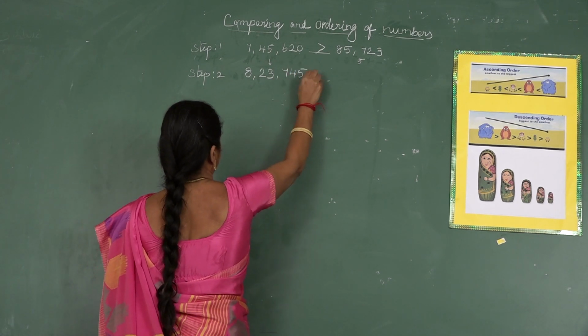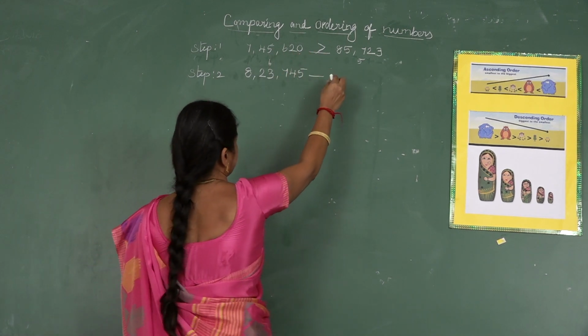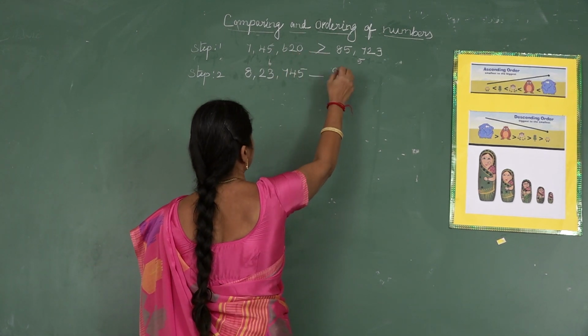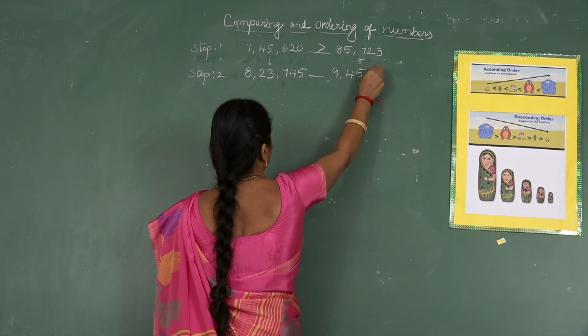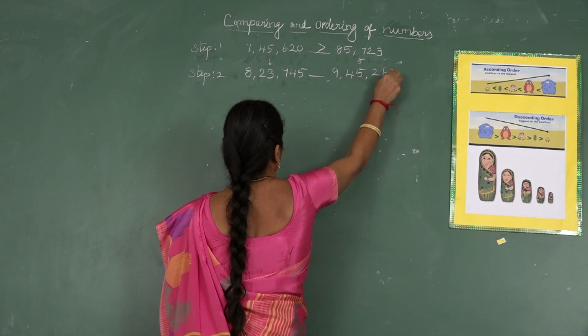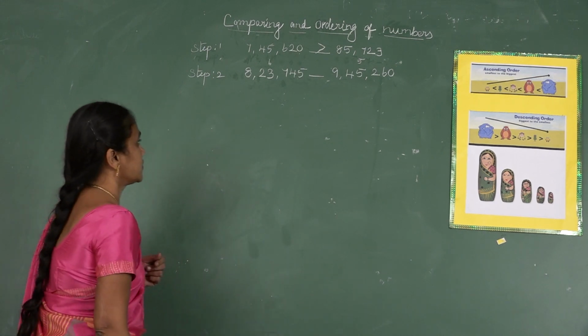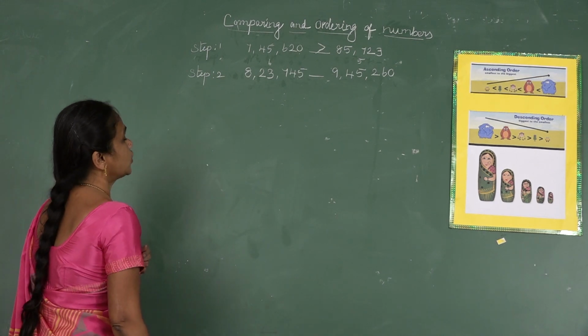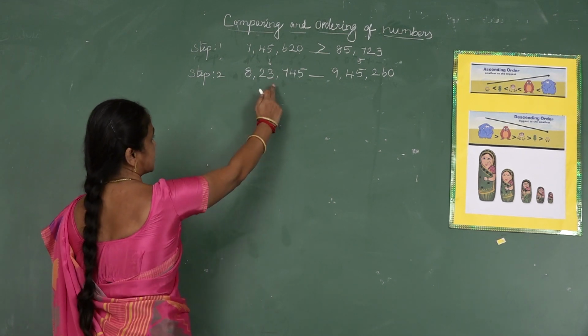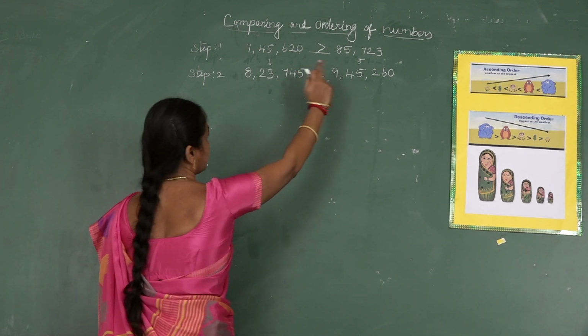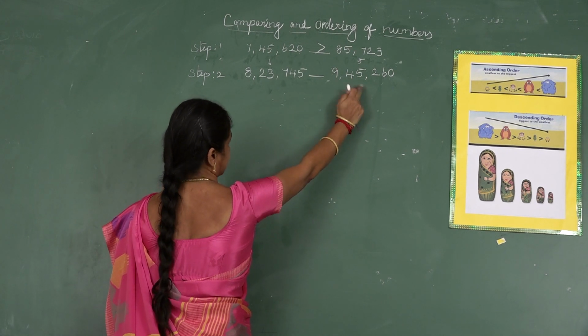8,23,745 and 9,45,260. Look at these two numbers. This number has 6 digits. This number also has 6 digits.